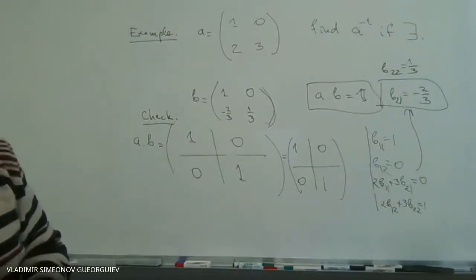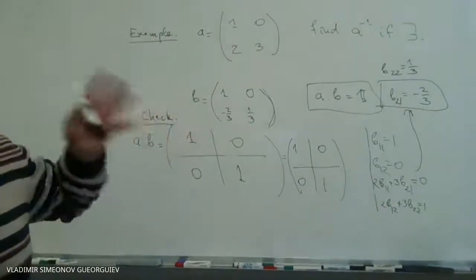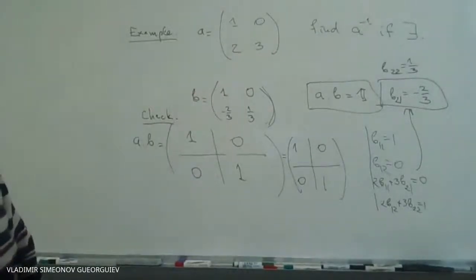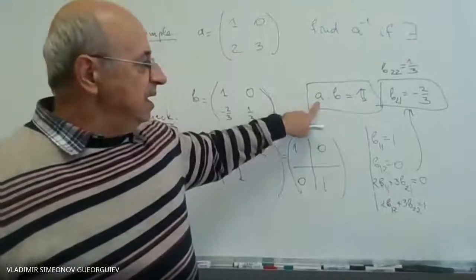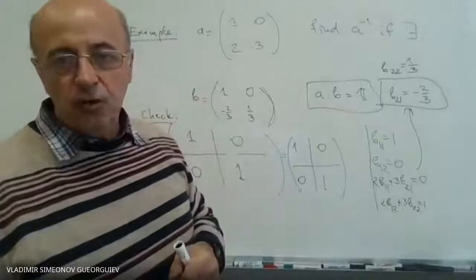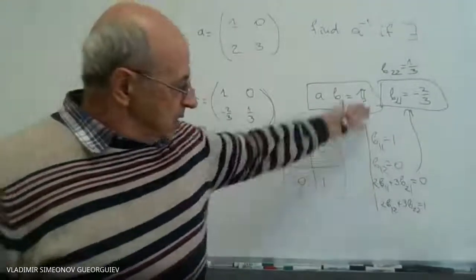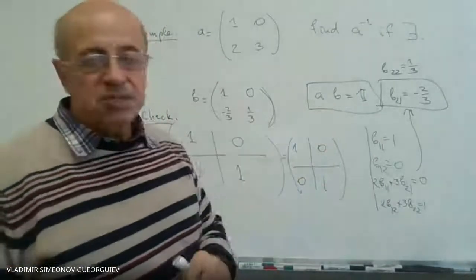And this means when we are looking for the inverse of a matrix, a very direct approach is simply to write this equation. Given A, you have to find B. This means you have 4 unknown parameters. You have to solve usually a system of 4 equations, and you find all elements of your matrix.